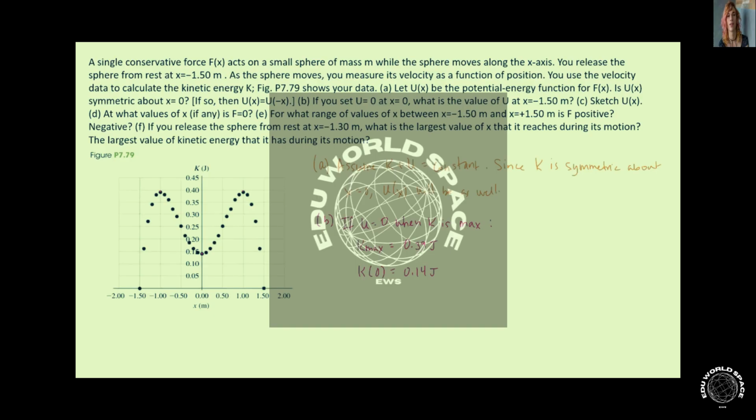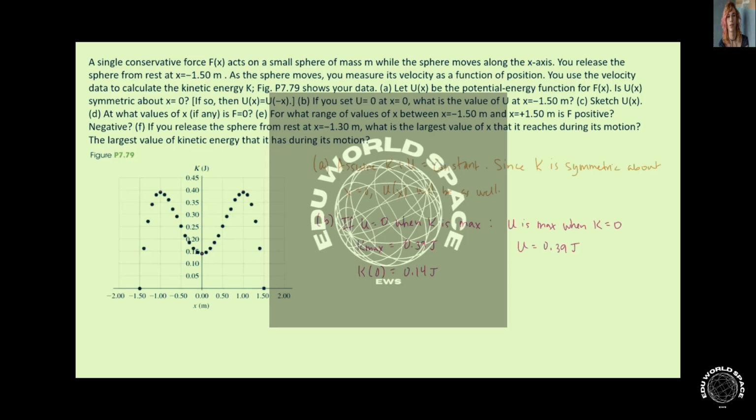So if U equals 0 when K equals max, then that would mean that U is max when K equals 0. So U would be equal to 0.39 joules when K equals 0.